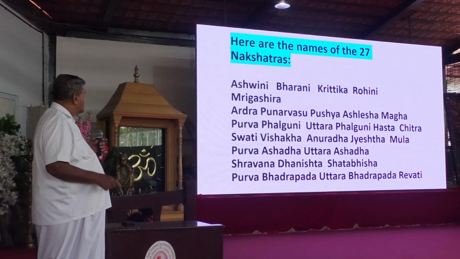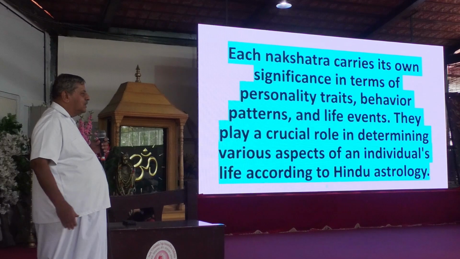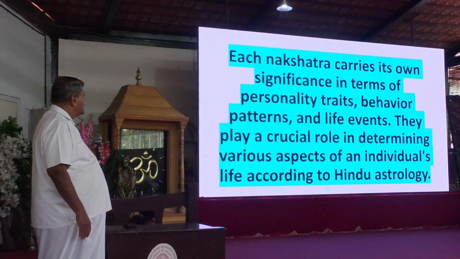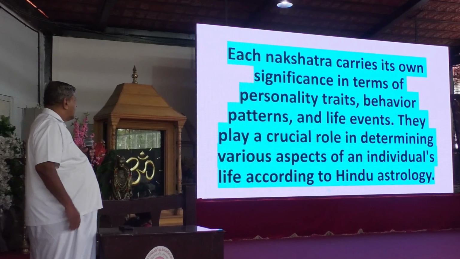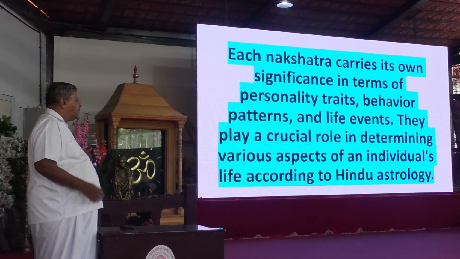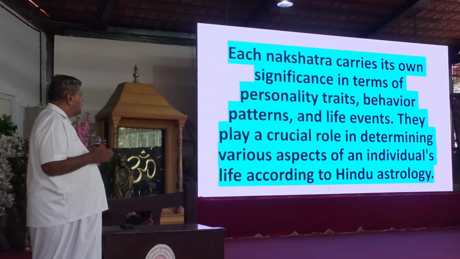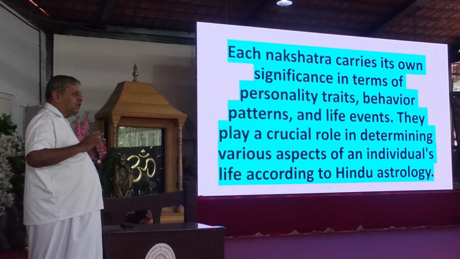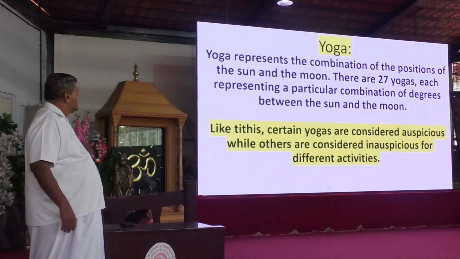Each nakshatra carries its own significance in terms of personality traits, behavioral patterns and life events. They play a crucial role in determining various aspects of an individual. It depends on our personality. They are all governed by them.